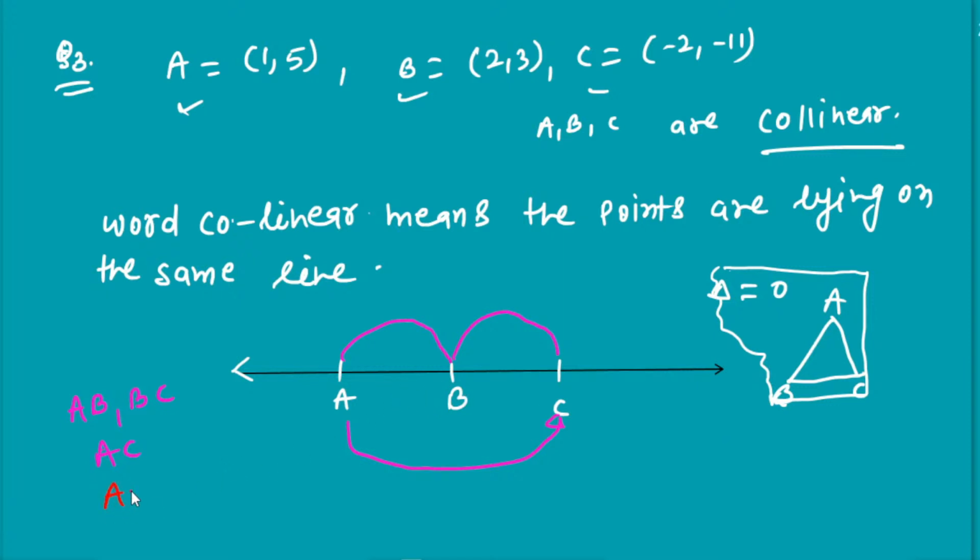It may be that AB plus BC is equal to AC, or the points may be arranged differently. Suppose this is your A, this is your C, this is your B. Here you see AC plus CB is equal to AB. Yes or no? So there is that possibility. This is for demonstration. To check collinearity, I will find the distance AB, then BC, and then AC.